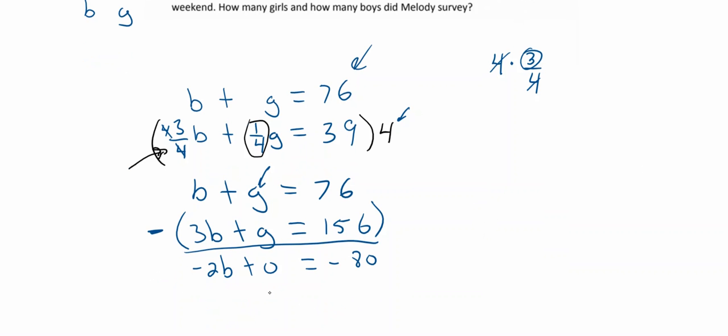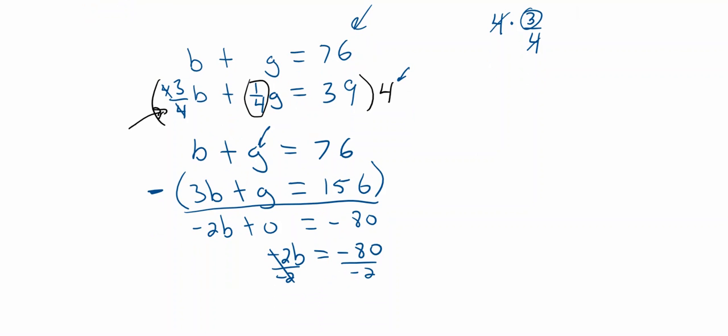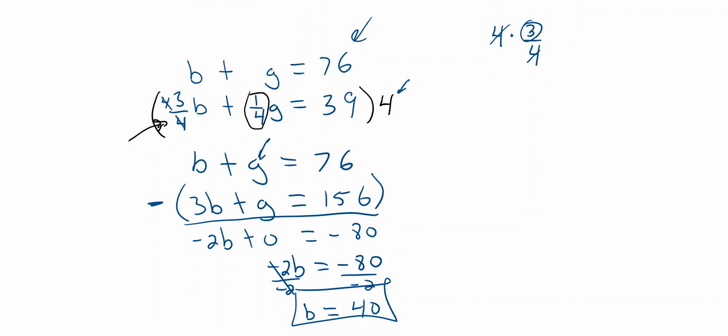All right, let me clean up a little bit. Now we've got negative 2B is equal to negative 80. Just divide both sides by negative 2. So we get B is equal to 40. That's my first answer. Now I'm going to use the first equation because I think that'll be the easiest.